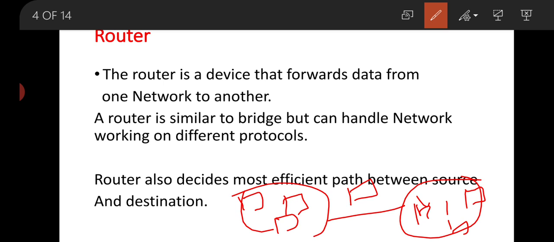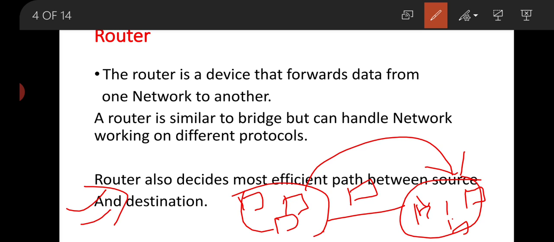If network 1 and network 2 are working on different protocols, that means they are not working on the same protocol, in that case router can be used, but bridge cannot be used here. Next, router also decides the most efficient path between source and destination. In a later chapter we will see the working of router with the help of routing table. So then that point will be cleared.